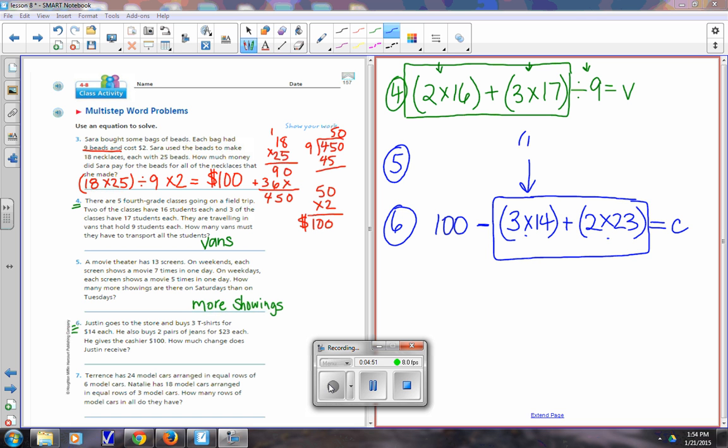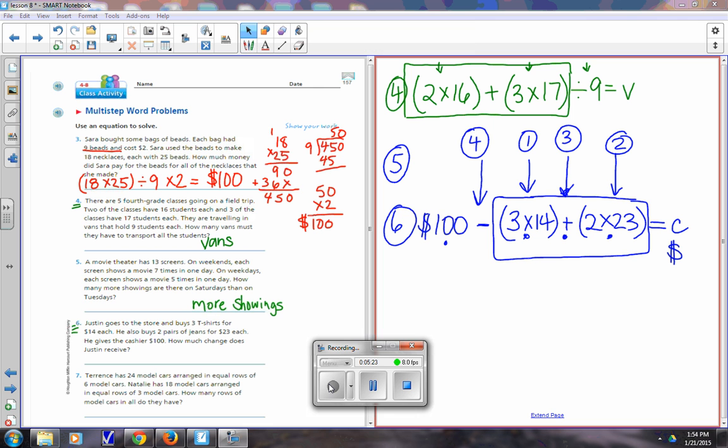Multiply, multiply, add, and then subtract. So multiply, multiply, add those two numbers, and then subtract the total from 100. And it would be change, so dollars is going to be your label.